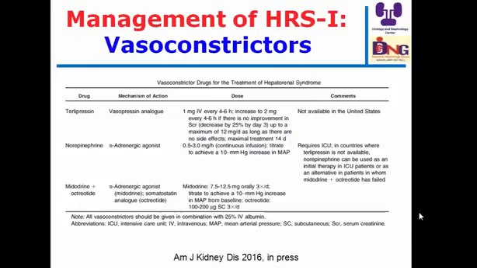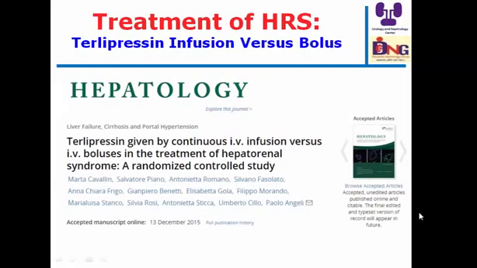Midodrine is an alpha adrenergic agonist given orally, 7.5 milligram 3 times per day, and it can be increased up to 12.5 milligram 3 times daily. The somatostatin analog octreotide is given in a dose of 100 to 200 microgram subcutaneously 3 times per day. So these are the vasoconstrictors that may be used for treatment of hepatorenal syndrome.